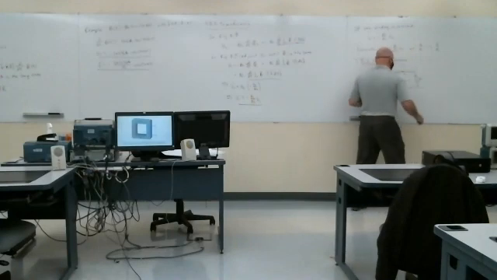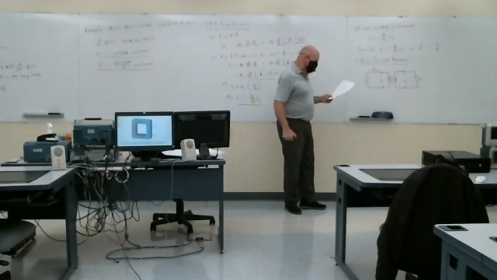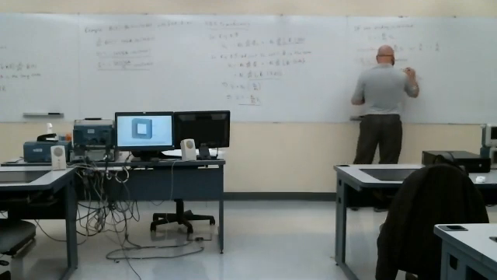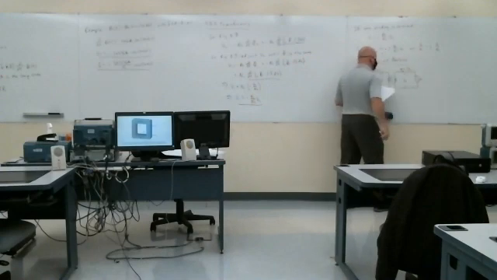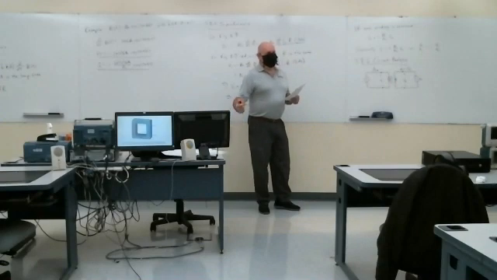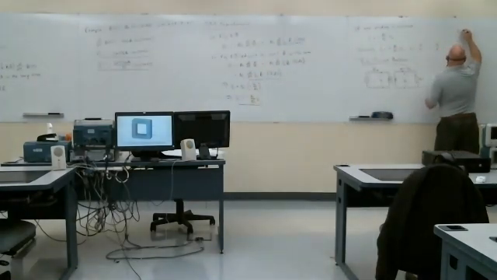V2 is the voltage across the secondary coil in the transformer. Now, in your electromagnetics book, he defines I2 in that direction. In your circuits book, it was in the opposite direction, so I'll talk about that, but I want to be consistent right now with the notation in this text.